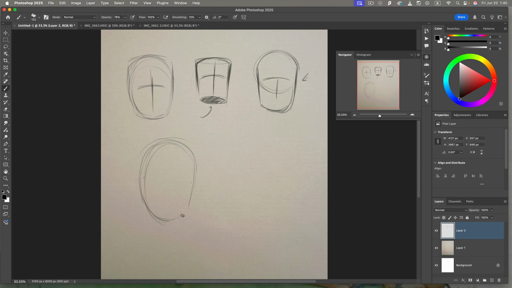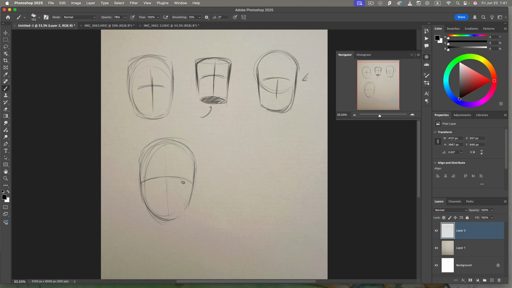So when it comes to understanding the head, again, we want to understand this as a three-dimensional volume. So if we're gonna do that, when I lay out where the eyes are gonna be, which are always in the middle of the head, I'm gonna arc this line, because obviously this implies that this is going over an edge, or going over a surface.